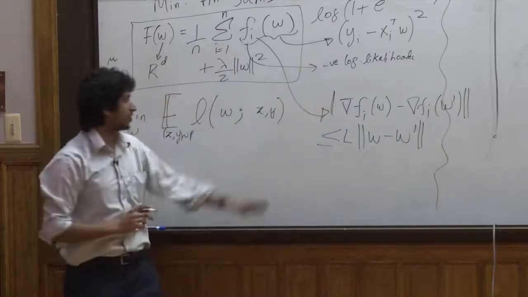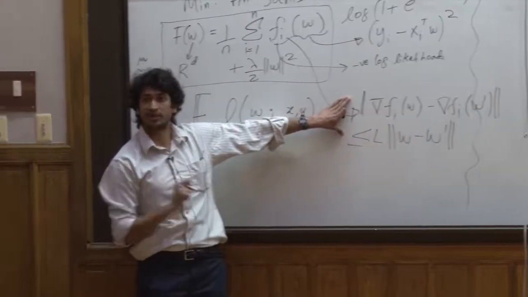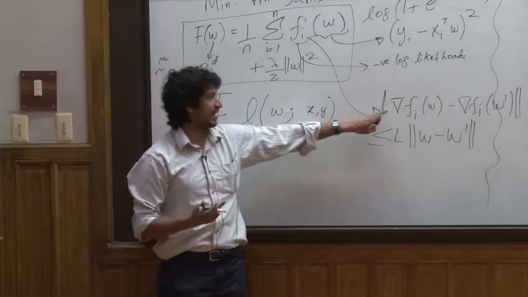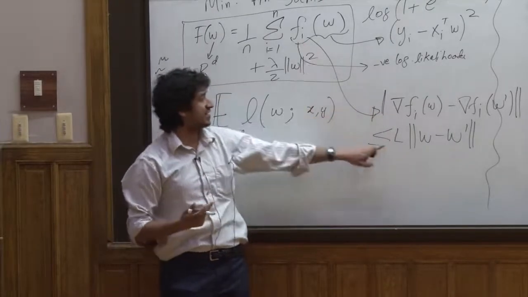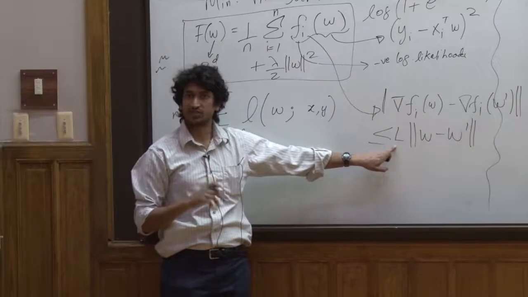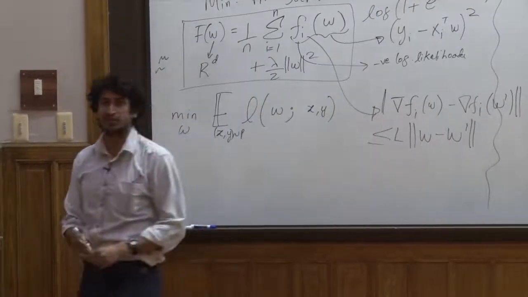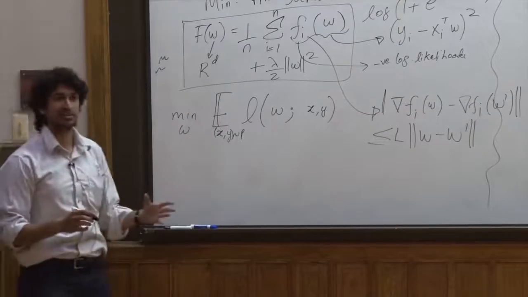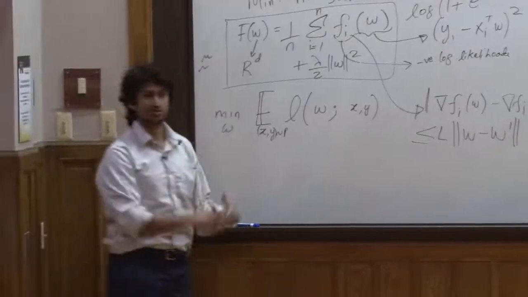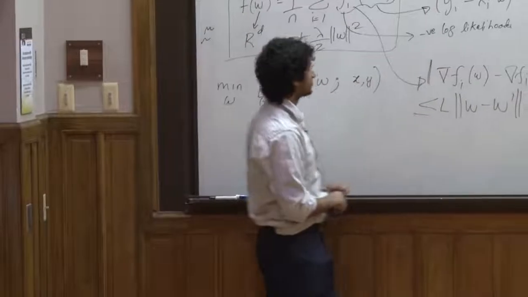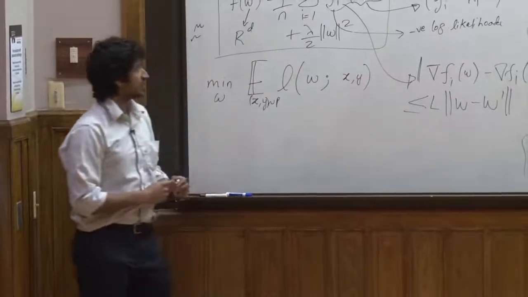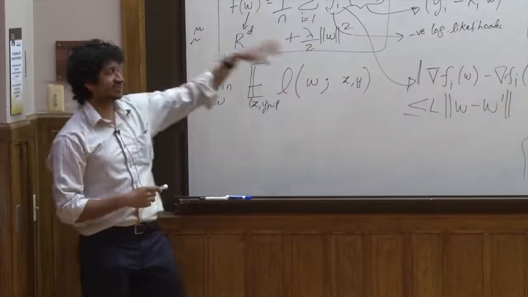I hope you've seen these kinds of conditions before, or you recall them at least. This is just saying that the gradient of each of these fi's is L-Lipschitz. So this is like a smoothness condition. It can of course only hold if it's differentiable in the first place, so I'm going to assume that they're all differentiable, and L-smooth is the term that's used in the literature. Any questions about the setup?